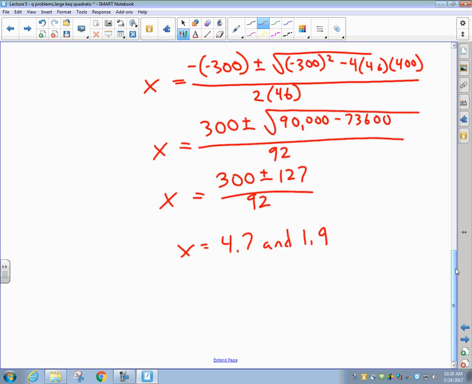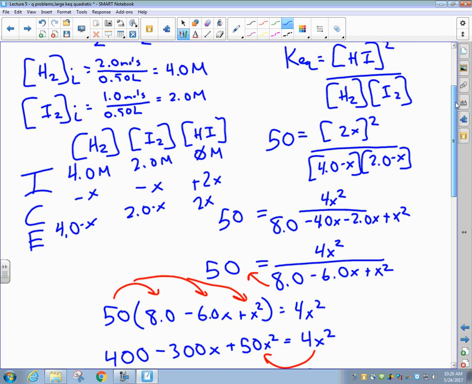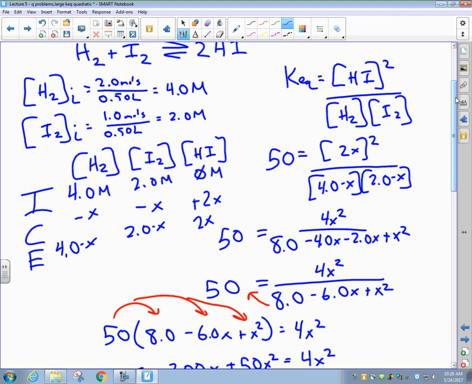The issue that we have is this 4.7. Okay? That is an unrealistic answer. And here's why. If we had x as 4.7, we go all the way back up to this chart. If we were to plug 4.7 in right here, we would ultimately end up with a negative concentration at equilibrium.